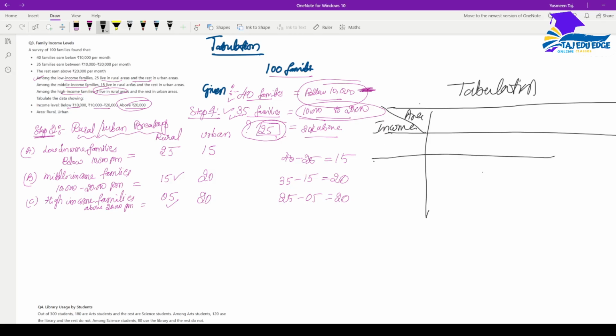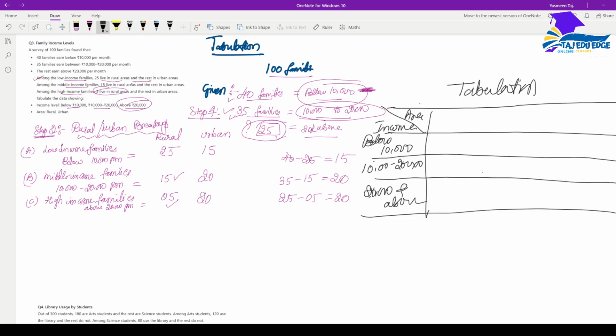In rows I want to take income levels, that is below 10,000 per month. Next 10,000 to 20,000 per month. Next 20,000 and above per month. After that, we also need to take one more row, that is total. Next we need to take the columns, right?